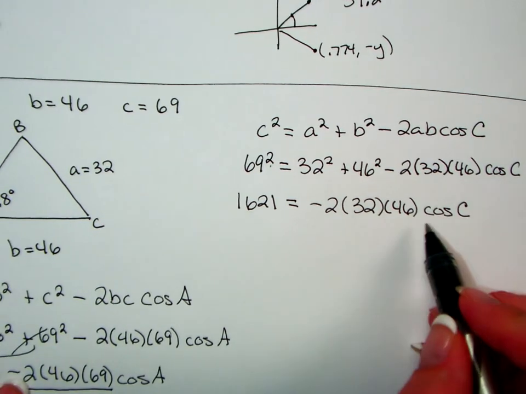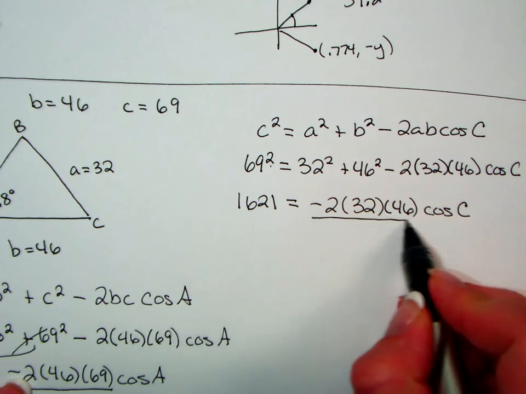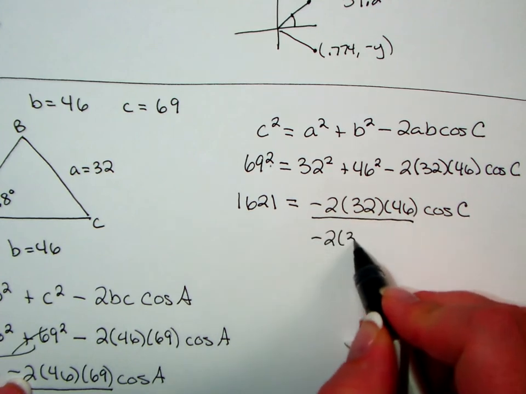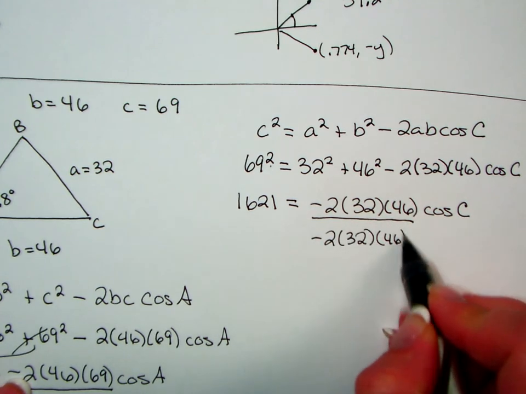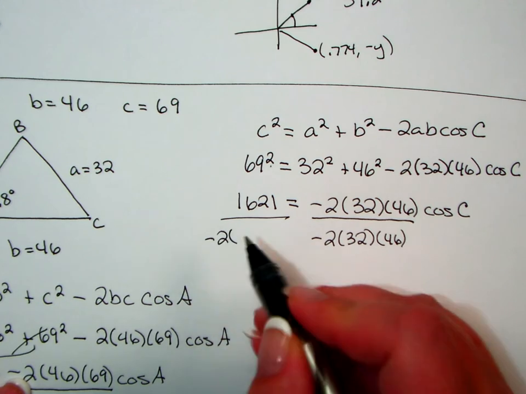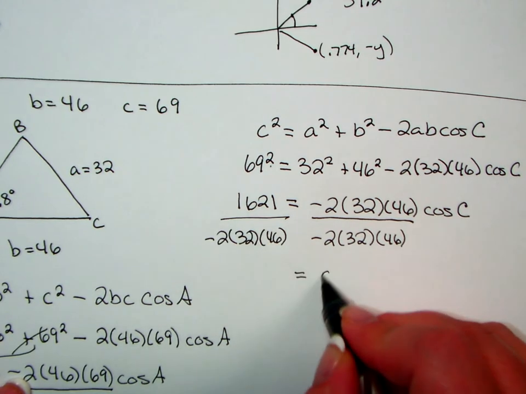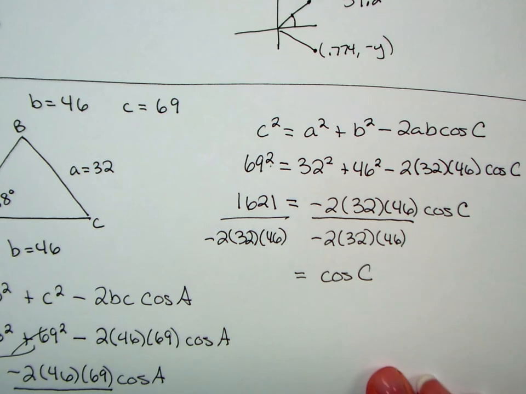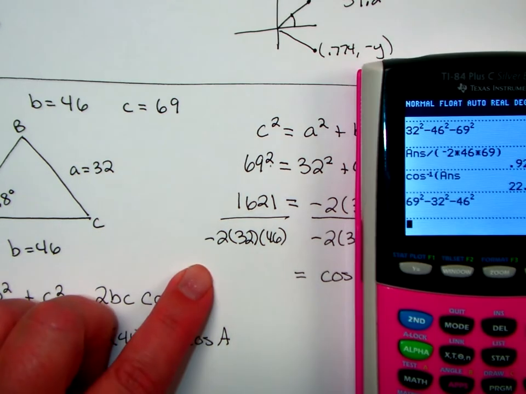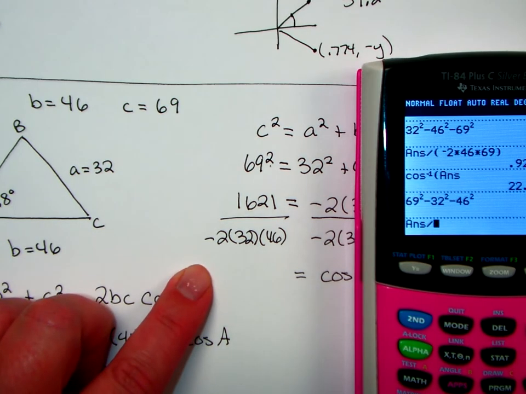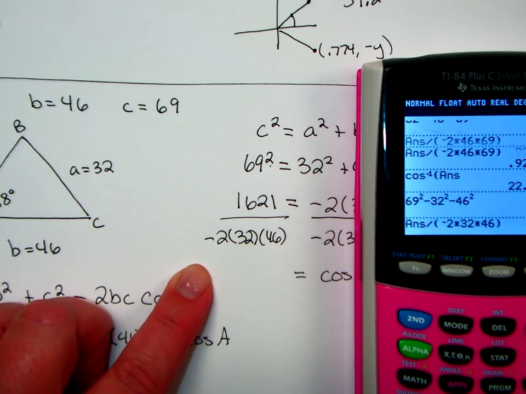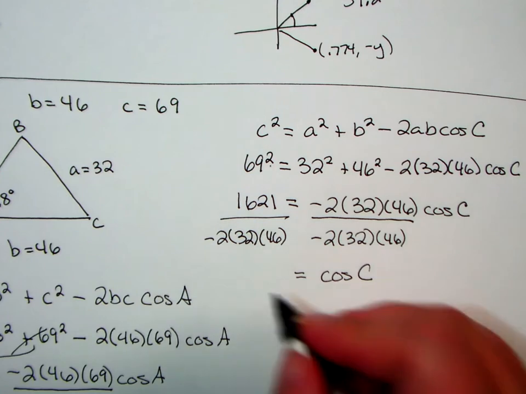Alright, and then to solve for cosine C, I'm going to divide by negative 2 times 32 times 46. Alright, so cosine C, 1621 divided by parentheses, negative 2 times 32 times 46, negative 0.55.